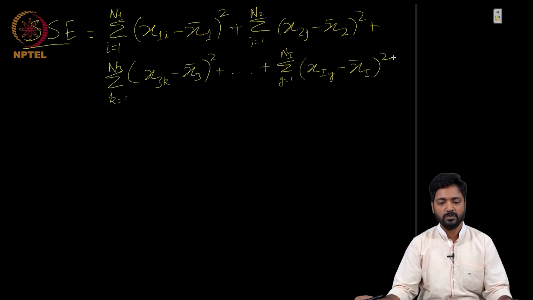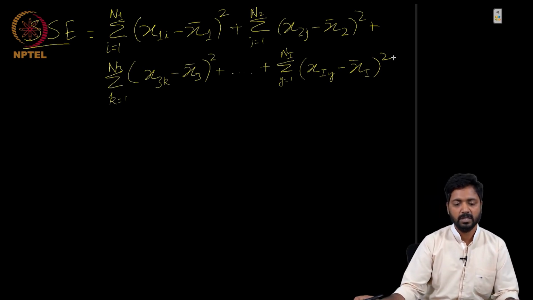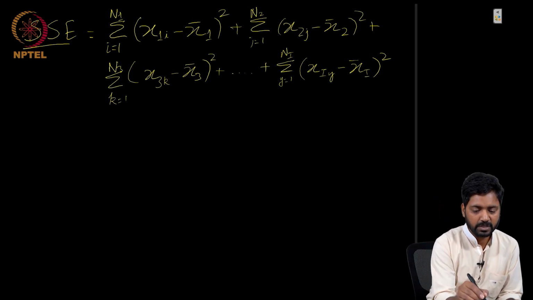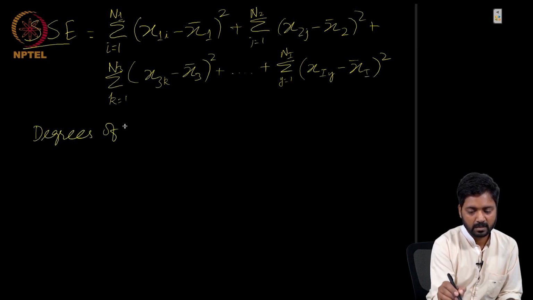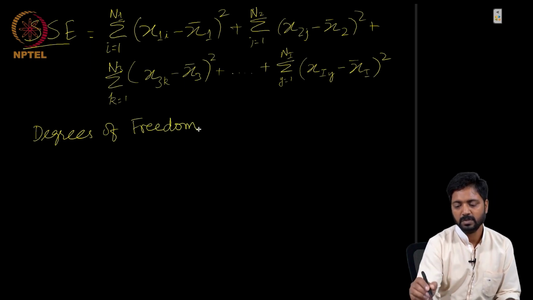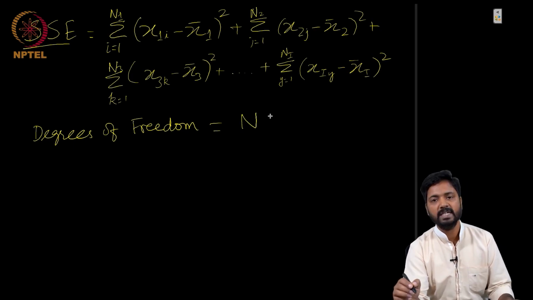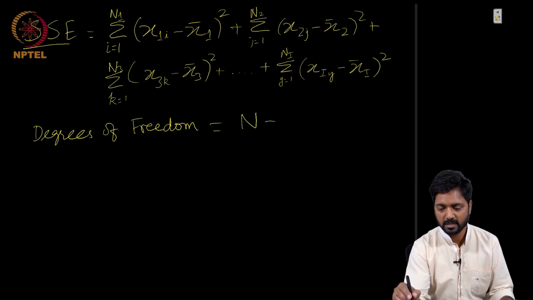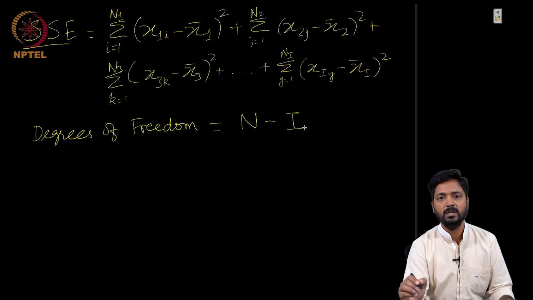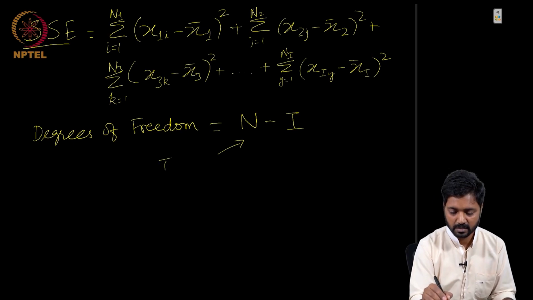So, we calculate the individual deviations or errors in our individual samples and summate the square of it. So, from that we will get the sum of squares due to errors, and as I already mentioned, the degrees of freedom here for sum of squares due to errors is nothing but the total number of readings n minus I, which is the number of samples that we are dealing with. So, let me rewrite this.